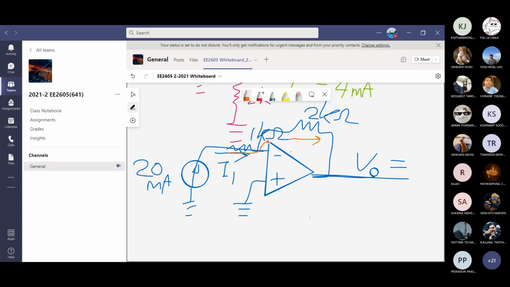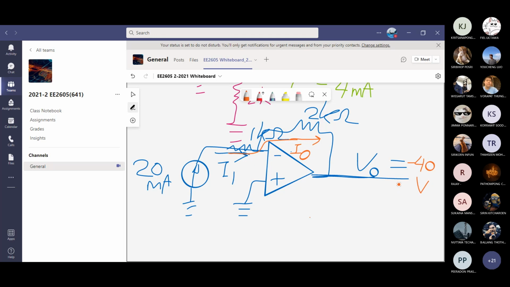It will pass like this. If you use the Ohm's law, V equals I times R. This is the load resistor as well. The feedback is also the load. So the current times resistor, 20 milliamp times 20 kilo ohm. Milli and kilo cancels out. You have 40, but also be mindful of the pin assignment. It is negative 40 volts.